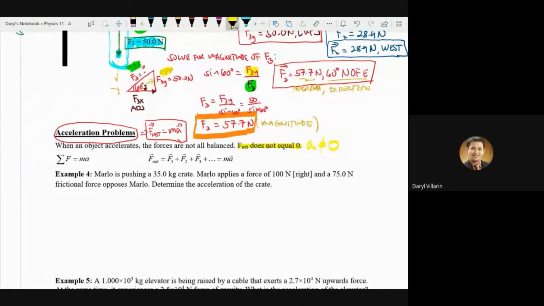Well, that's what happens in a circular motion. In a circular motion, even though the speed is constant, since the direction is constantly changing, you have non-zero acceleration.